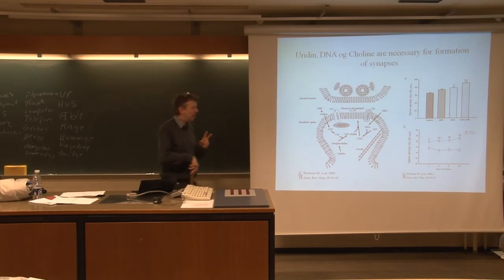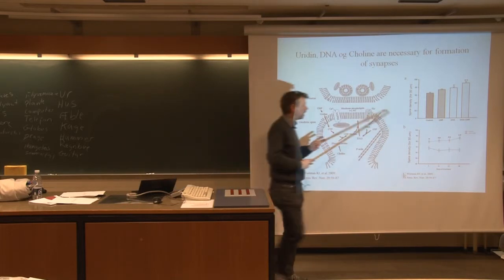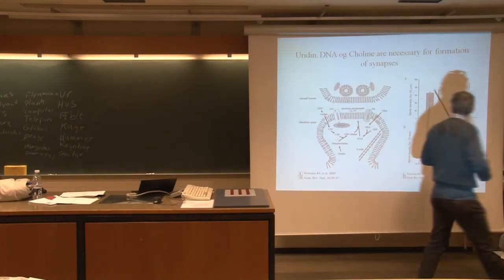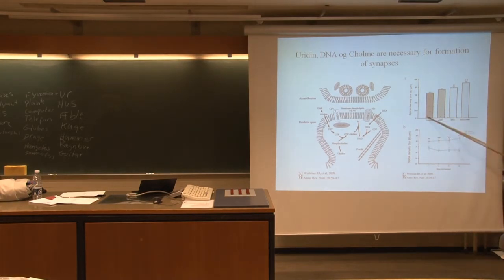But now, if you look at a rat which is just eating normal rat food, what you see is that the spine density, the number of synapses in a certain area of the brain, is a little bit over 60 for each 50 microns.